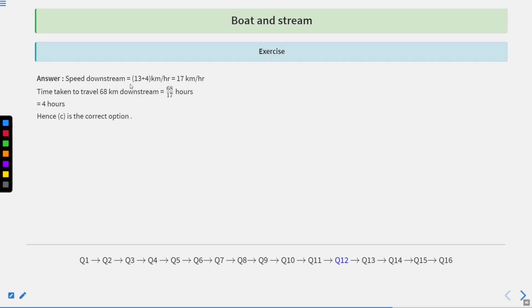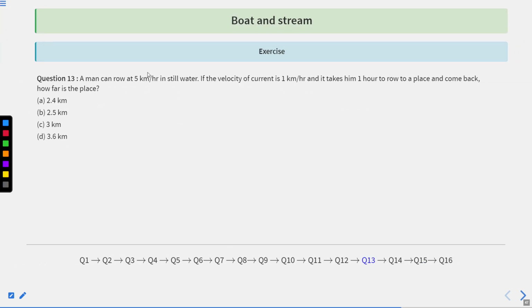So the speed downstream is equal to 13 plus 4 km per hour, that is 17 km per hour. Therefore, the time taken to travel 68 km downstream will be 68 upon 17 hours, which is 4 hours. So it is option number C, 4 hours.